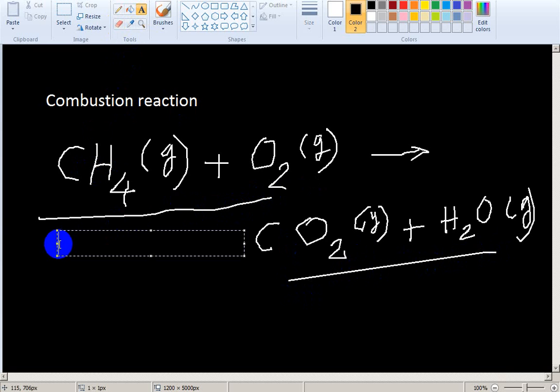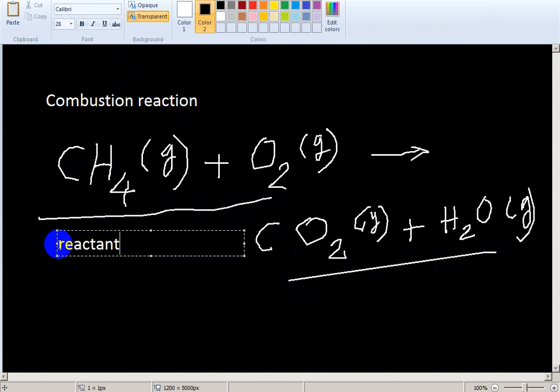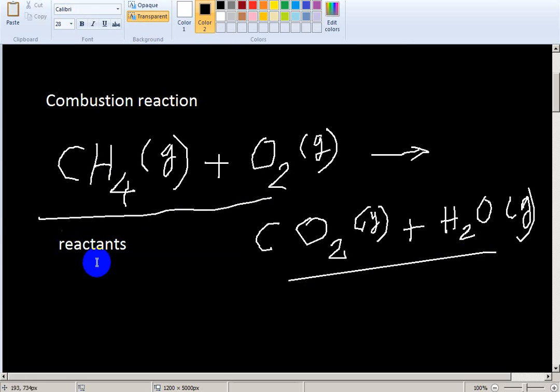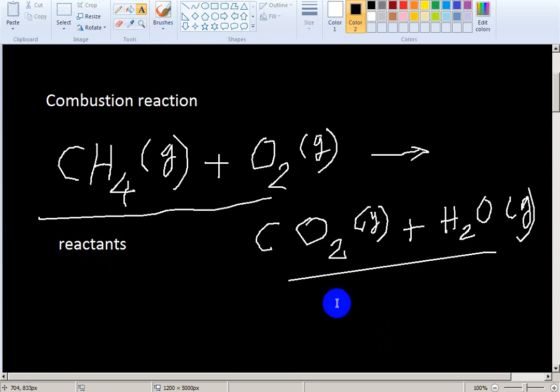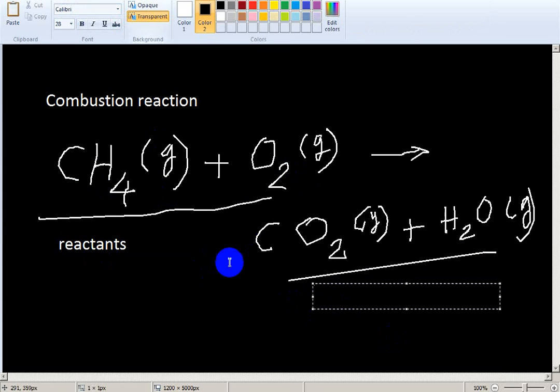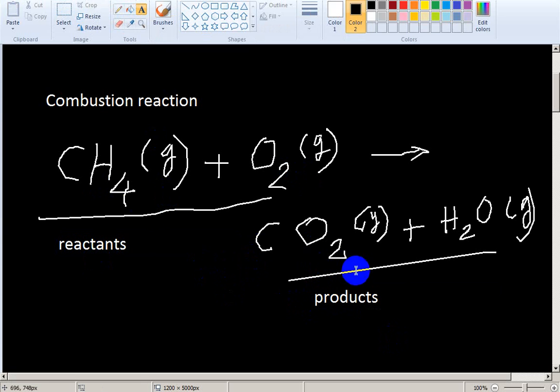So here the reactants are methane and oxygen, and the products are carbon dioxide and water vapor. This is the combustion reaction.